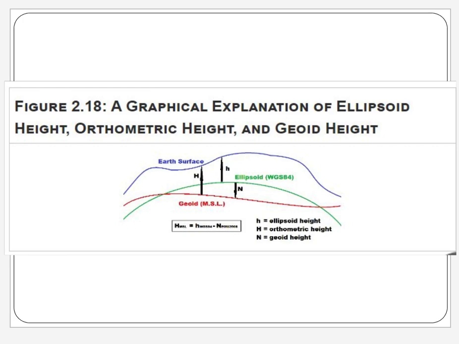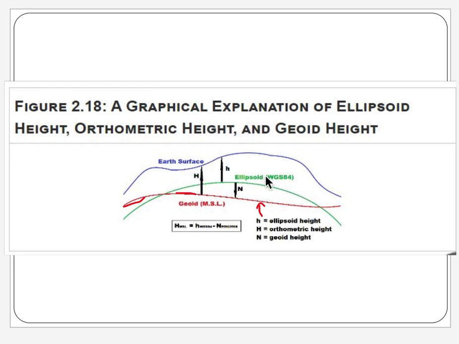Lastly, I want to go over this figure, which is a graphical explanation of ellipsoid height, orthometric height, and geoid height. We could see here, again, our geoid is in red, and this is the average mean sea level. Our geoid can either be above the ellipsoid, like we see here, or it could be below the ellipsoid.